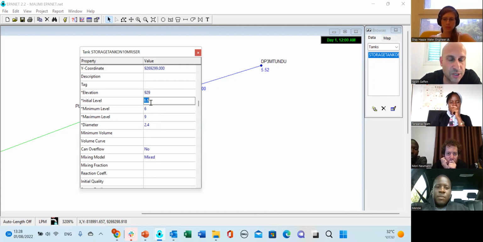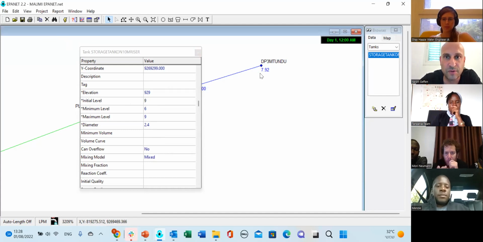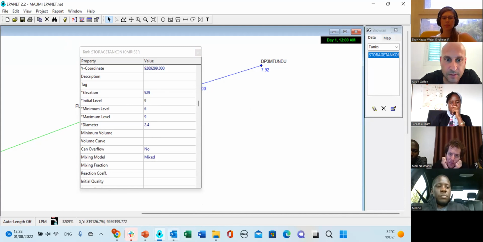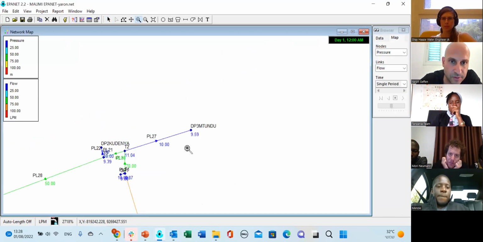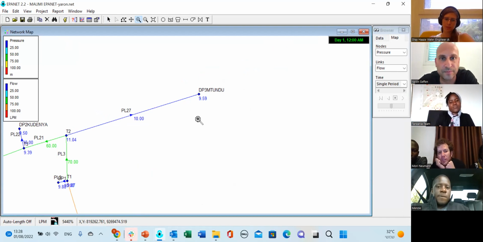So if the initial level is 9 and not 6.6, when I run it again, we now have a pressure of about 8 meters, which is similar to the pressure that we received in the towerless design. Here it's a little bit more, but it is quite similar.